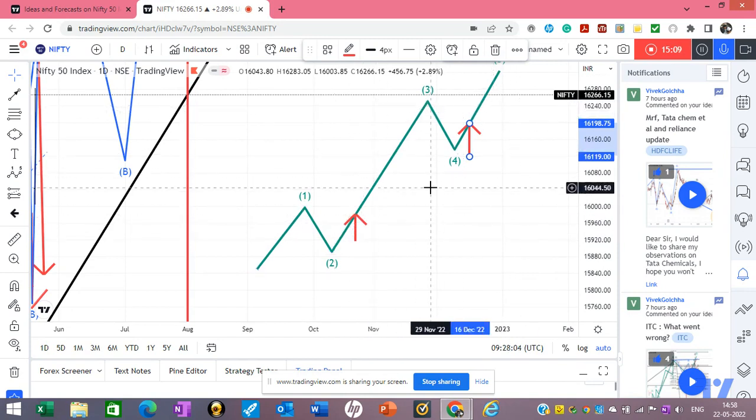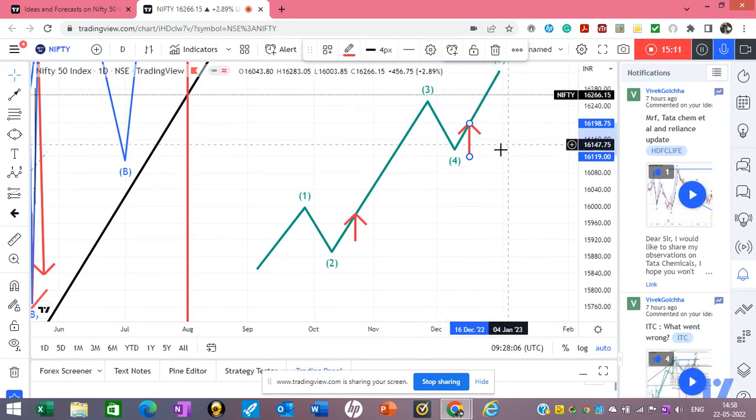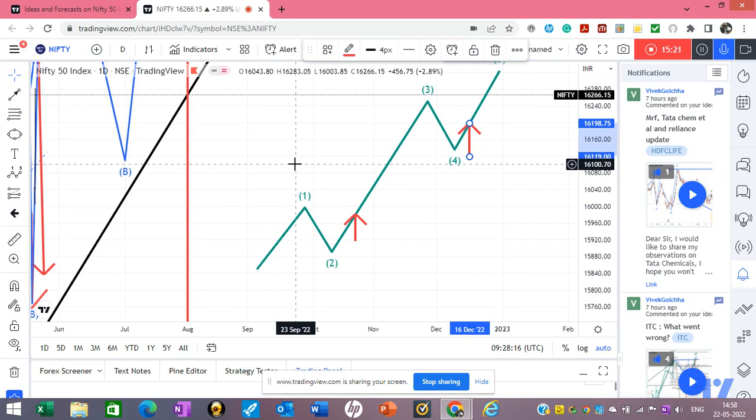He's least emotionally attached to this, and he doesn't care about how much profit he could have made. So please don't ask me about the tops and bottoms, because I don't believe in that.